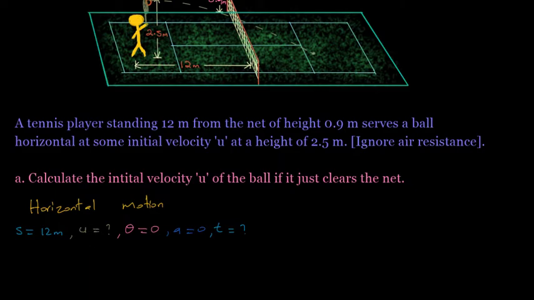So now, we're going to consider that s is equal to u. Since we're looking at the horizontal motion, we're going to have u cosine theta multiplied by t. But again, u and t are unknowns.